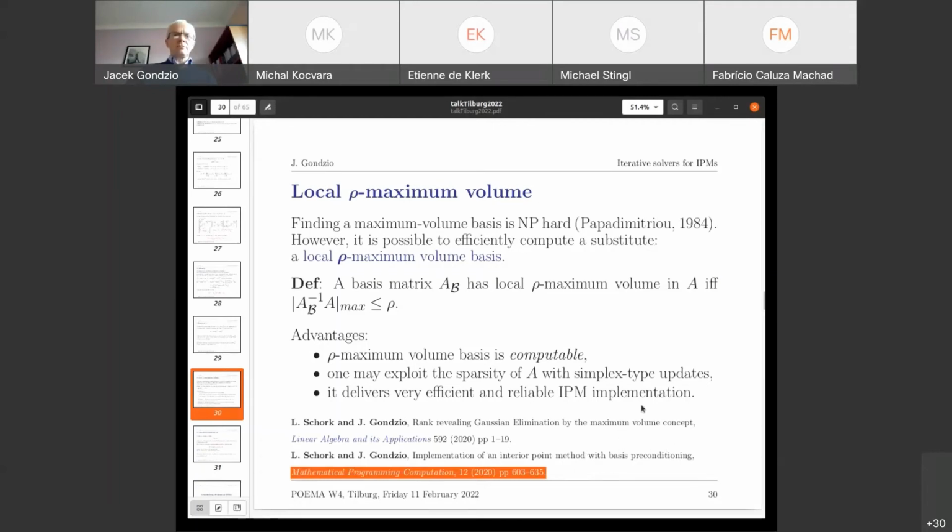It's very difficult, believe me, to compete with commercial codes. So I cannot say that we beat it regularly, but there is a noticeable percentage of problems on which this methodology is faster than Gurobi. There is also a noticeable percentage of problems on which it is not. So yeah, Gurobi is still a very good interior point solver.